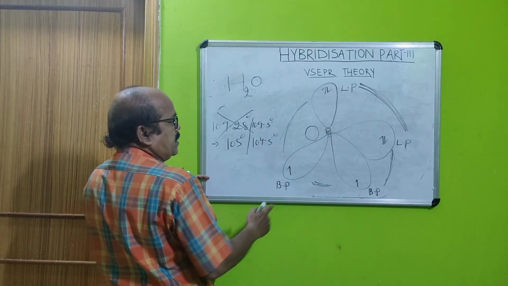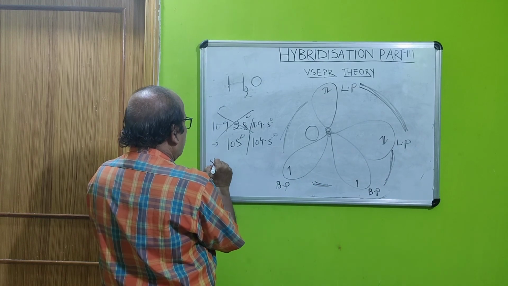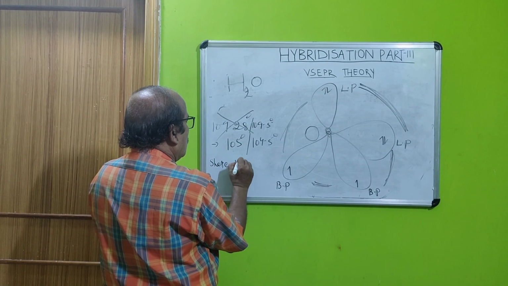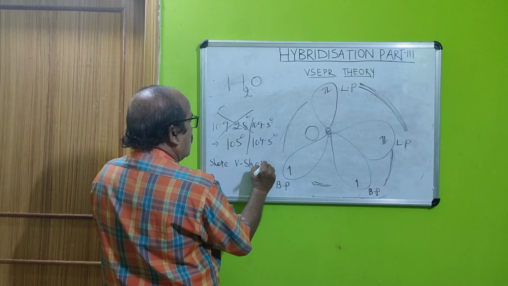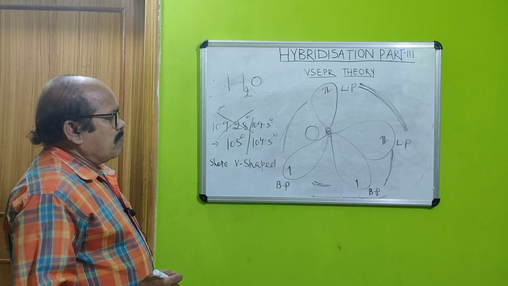And the shape, instead of becoming tetrahedral, is V-shaped. And this is possible by applying VSEPR theory.